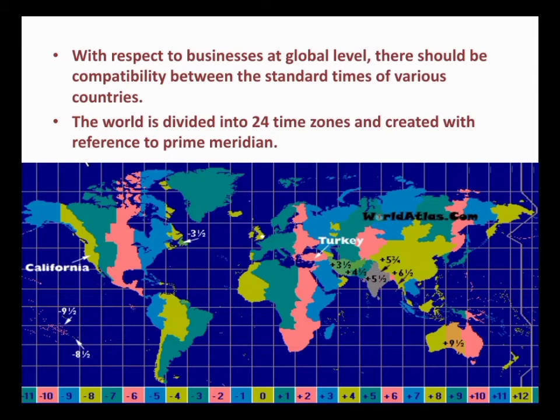If people follow their own local times, it will create a lot of confusion and problems in communicating time with people whose local time is different, and will create problems for the people who are doing business in the country. So to avoid these problems, people do not use local time.